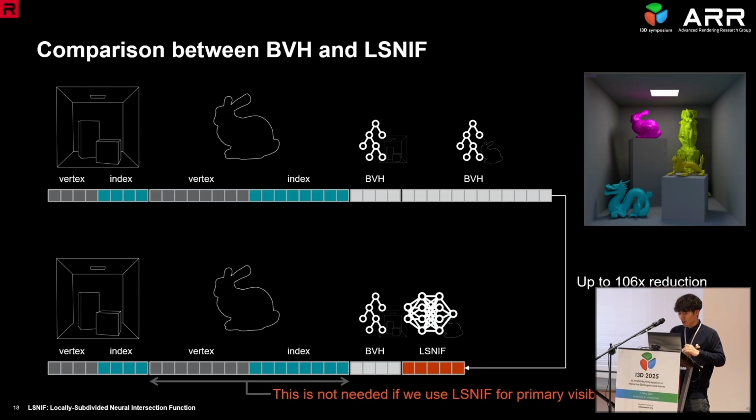This achieves up to 106 times reduction in memory size in our experiments. And this vertex and face information for complex geometry is not required if we can use LSNIF for primary rays too. That leads to further memory reduction, but it's our future work.